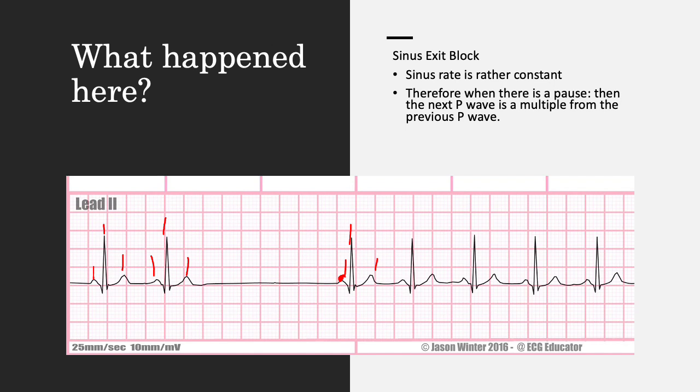And so therefore, when there is a pause, the next P wave is a multiple from the previous P wave. So if we were to measure this R to R interval, it's going to be 2 or 3 times the distance. It looks like by eyeballing it, it's 3 times the distance of the other R to R intervals. And so this was either a sinus exit block or a sinus pause.